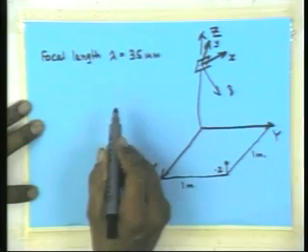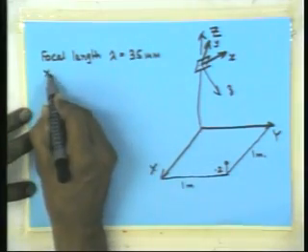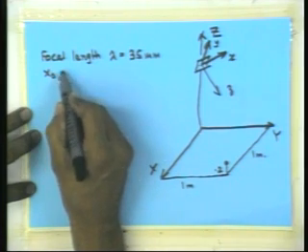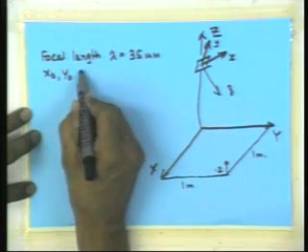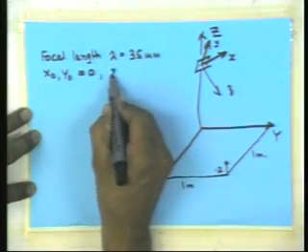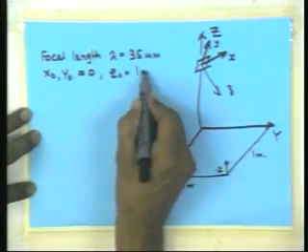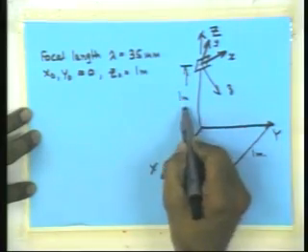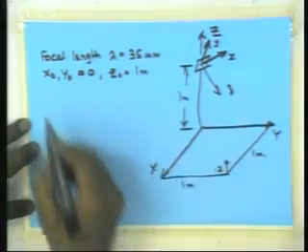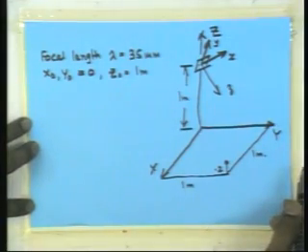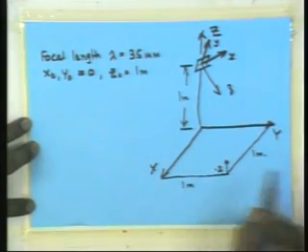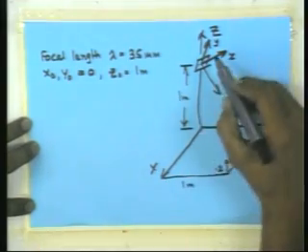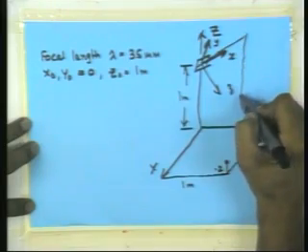Okay. I need to know what are the other parameters. So, x0, y0, both are 0, z0 is say 1 meter. So, this is also 1 meter. Okay. Now, what is the tilt and the pan angle here? We will have to see how much the x axis and small x axis is rotated.